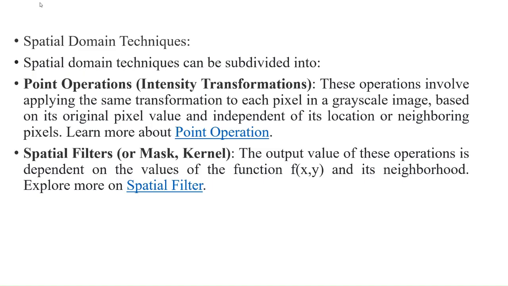And next, coming to the next topic, that is spatial domain techniques. This spatial domain technique is divided into sub-techniques, that is point operations and spatial filters, or mask filters or kernel filters. Point operations means this operation involves applying some transformation to each pixel in a grayscale image based on its original pixel value, independent of its location or neighborhood pixels.